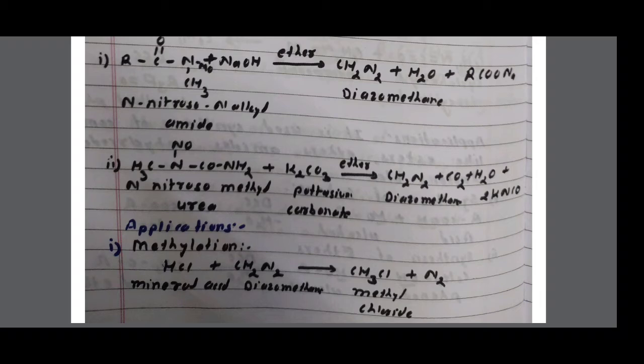Urea is NH2CONH2, and one of the NH2 groups has N attached to a CH3 group and an NO group. NO is the nitroso, therefore the name of this compound is N-nitroso-methyl urea. It reacts with K2CO3 in ether solvent, forming diazomethane plus CO2 plus H2O plus KNCO.